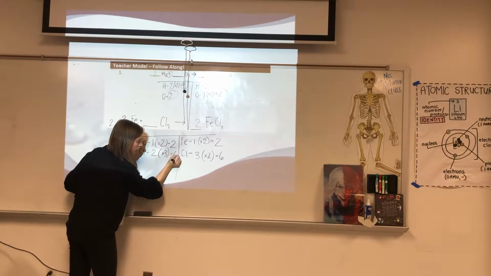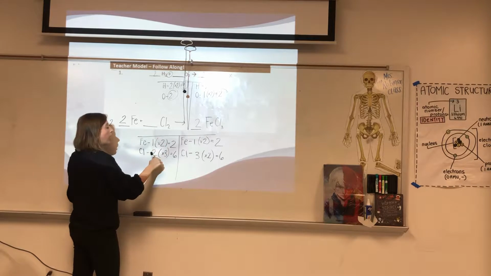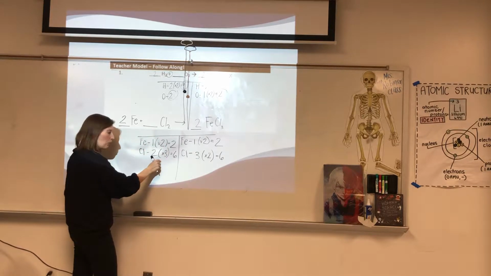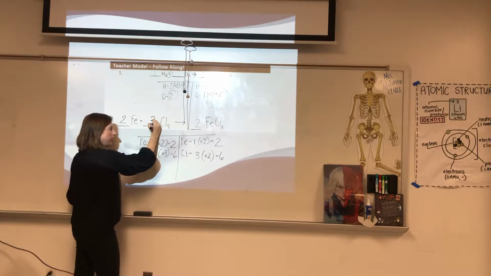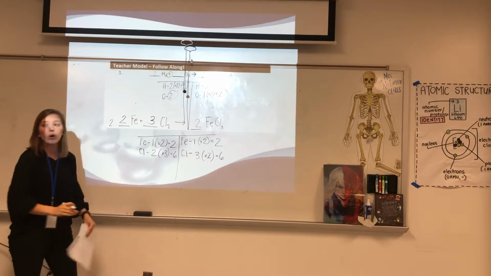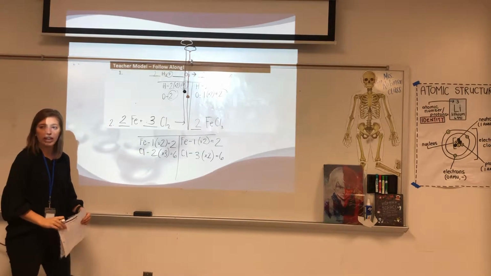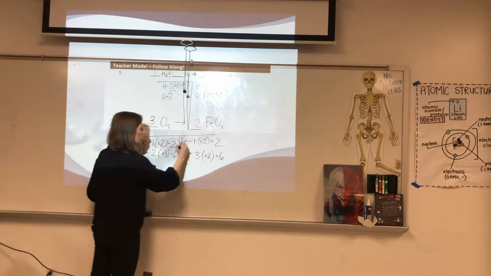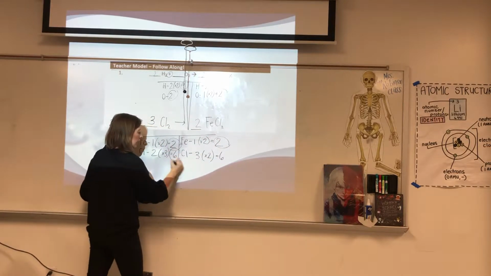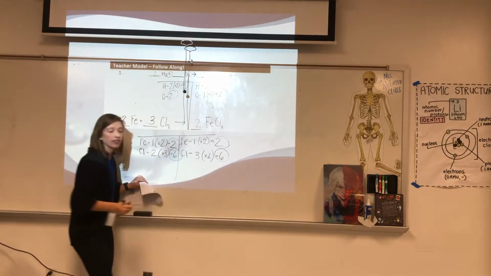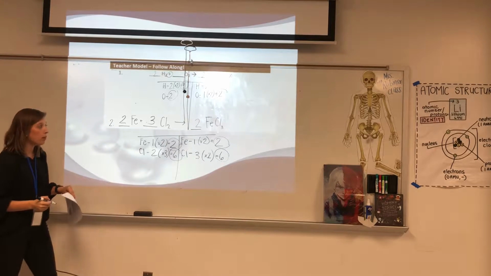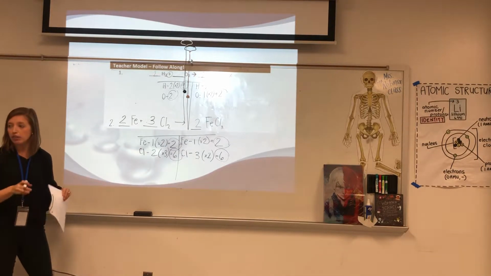That now equals 6. So I'm putting whatever I multiplied by, that's what I'm putting as the coefficient on top. I always want to go back and just double check and make sure they're now balanced. So I've got 2 and 2 and 6 and 6. So that way I can see, okay, yep, this is now a balanced equation.